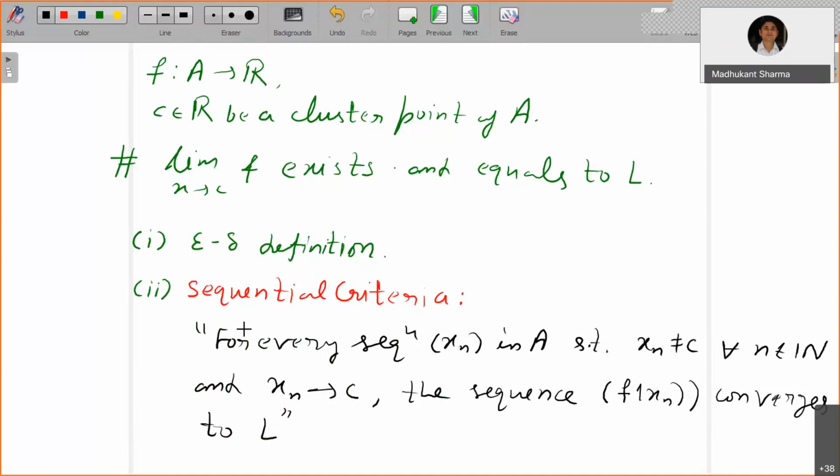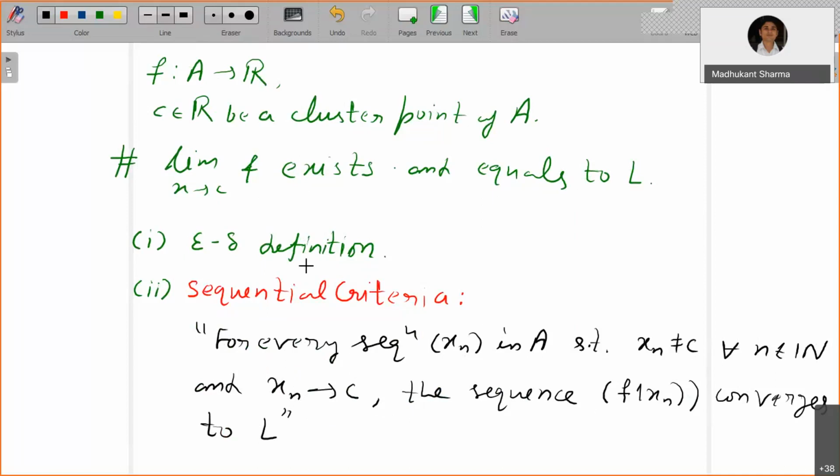We have also seen the negation: if you are able to identify a sequence in A, distinct from C and converging to C, such that the sequence of images f of xn diverges or does not converge to L. There are two things.